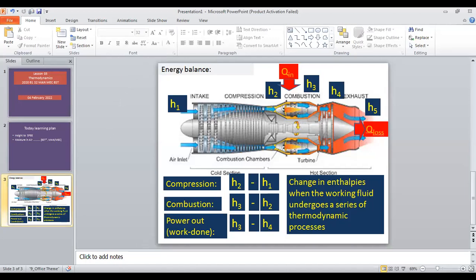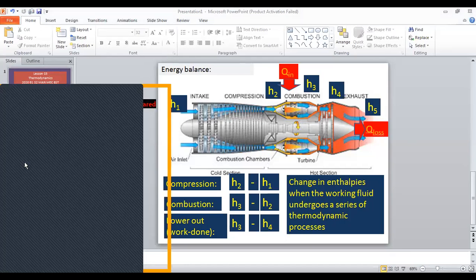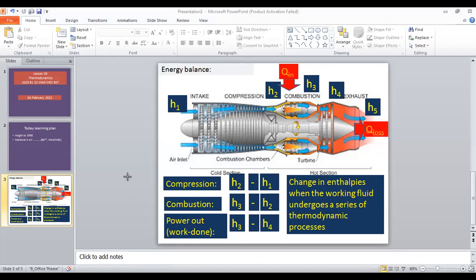I will take section by section here. So first I will take the intake and compression.